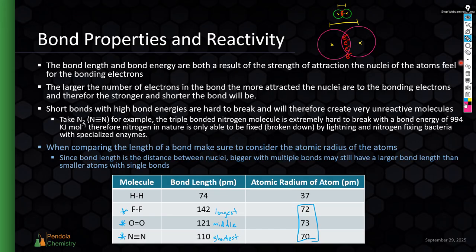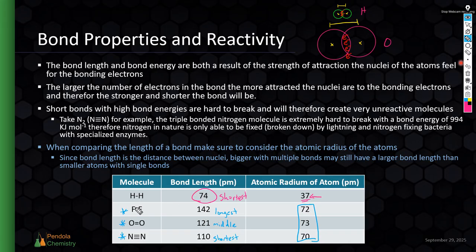But look at what happens when we talk about hydrogen. Hydrogen has a much smaller radius. So this here will be hydrogen, whereas this might be something like oxygen. Hydrogen has a very small radius. So even though it has a single bond, which should in theory be the longest of the bonds, its bond length is the shortest out of any of the ones we have in this chart.